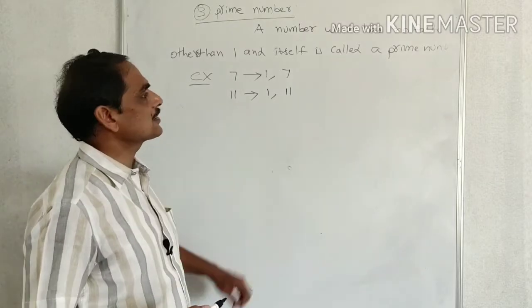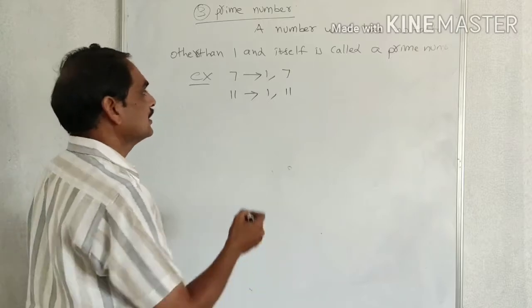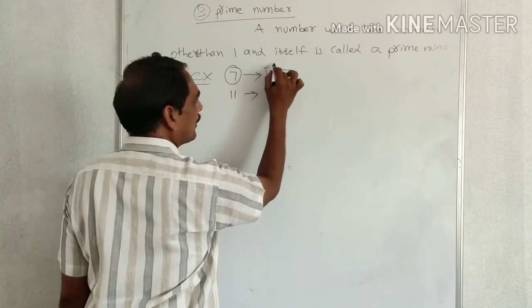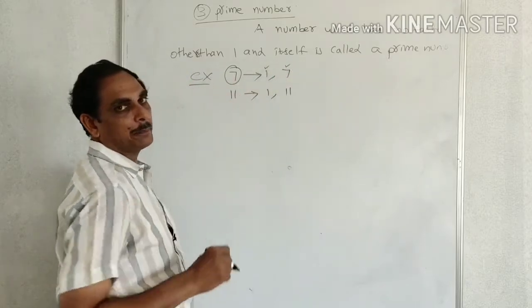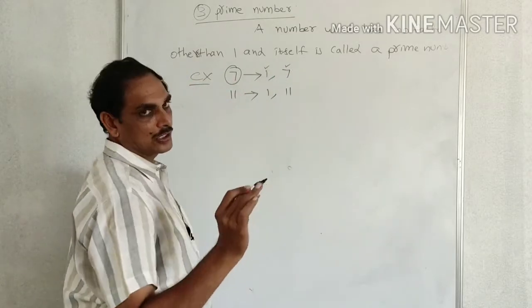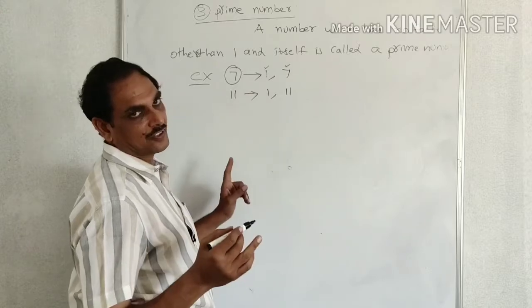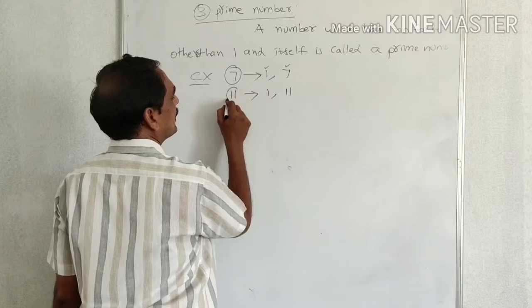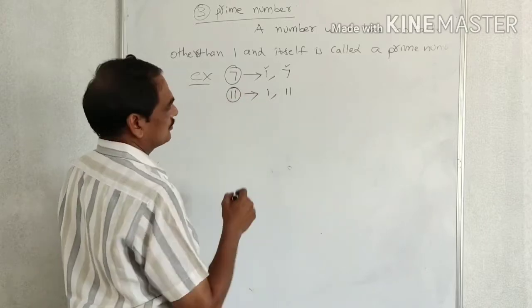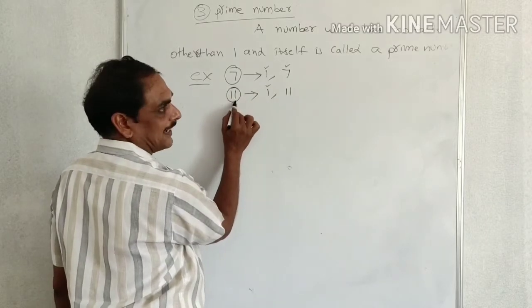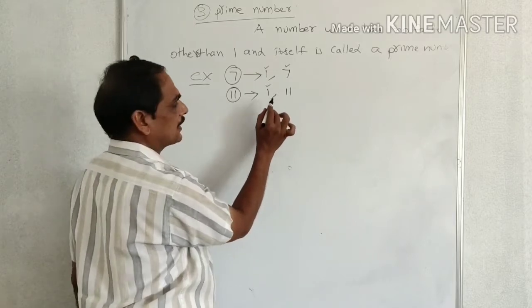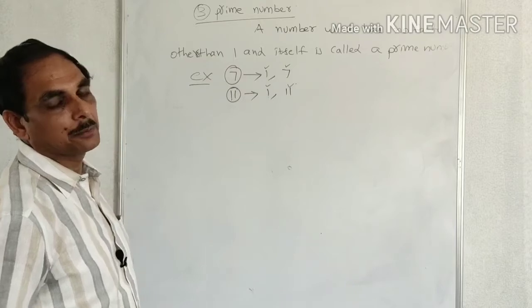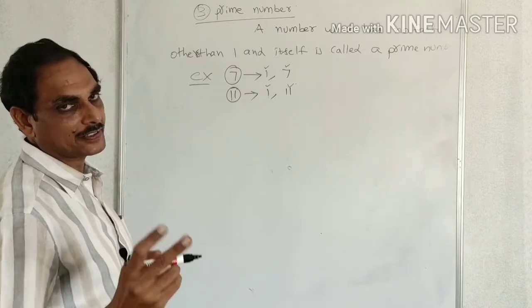So 11 is also called a prime number. 7 has only two factors, 1 is the first factor and 7 itself is the second factor. Similarly 11 has no factors other than 1 and itself, so the number is called a prime number. A prime number has only two factors.